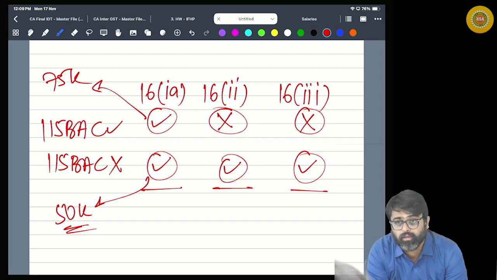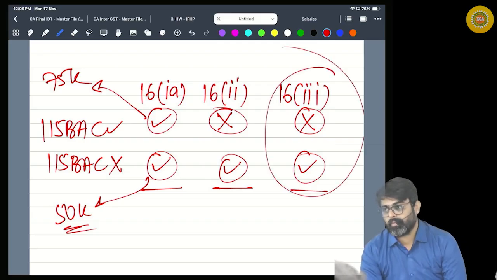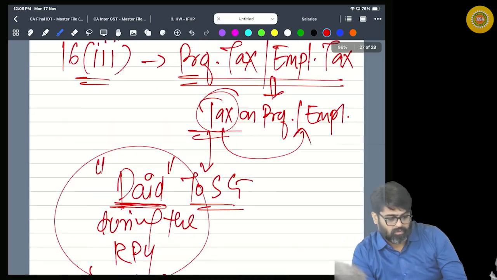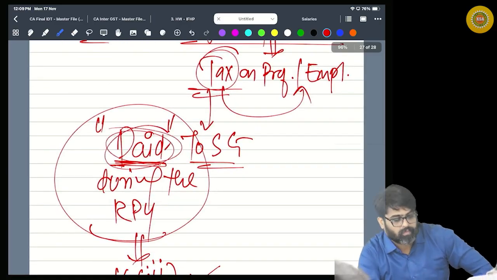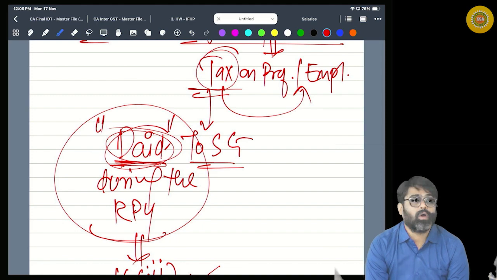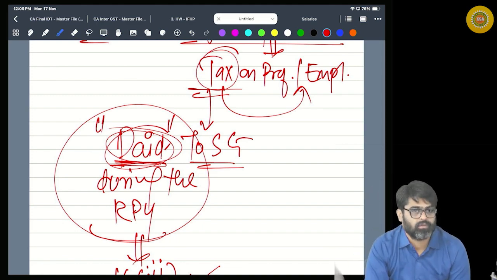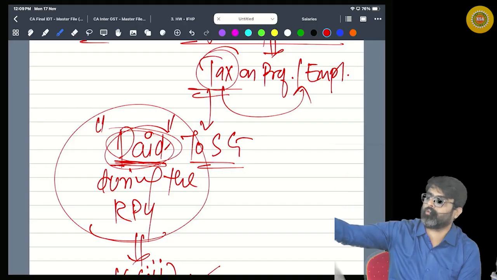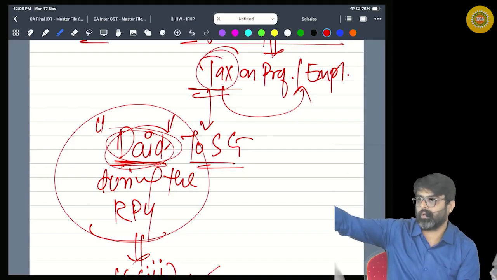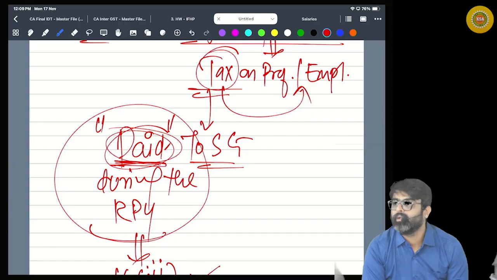Got it, sir? Now, professional tax deduction. Professional tax will be available on what basis? Payment basis. On the basis of payment. You are not supposed to see to which year the professional tax relates. Professional tax of the last two years was not paid, so it was not allowed as a deduction. You pay it in this year, it will be allowed as a deduction in this year.